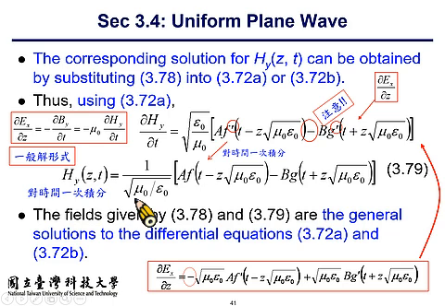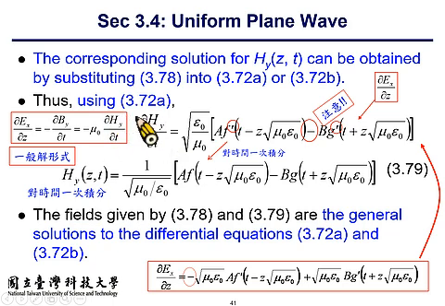So we use this relationship: the general solution for the magnetic field, that is Hy, can be derived by first performing a spatial derivative of Ex with respect to z, then performing an integration over the time domain so that we can get Hy.